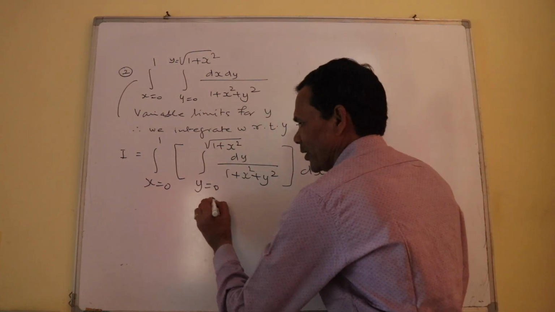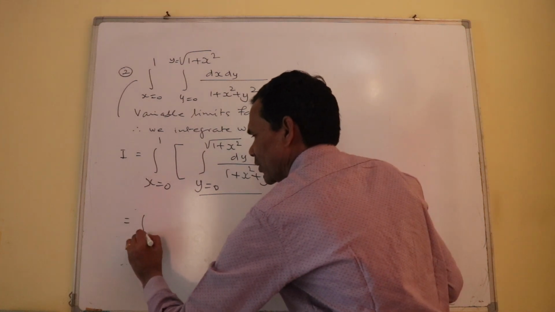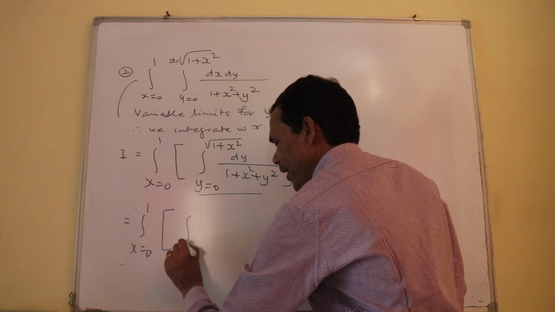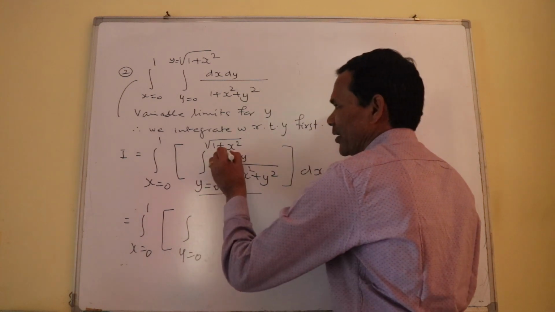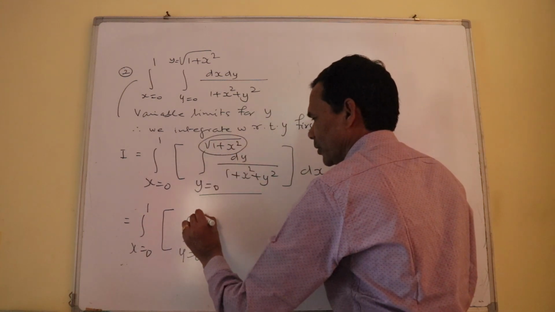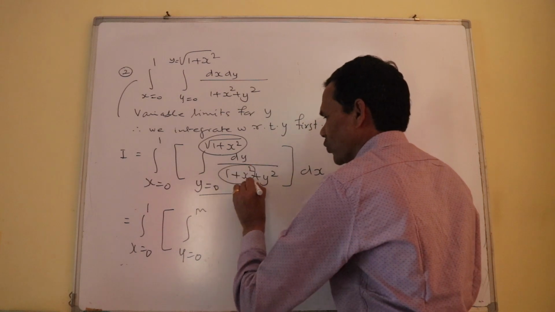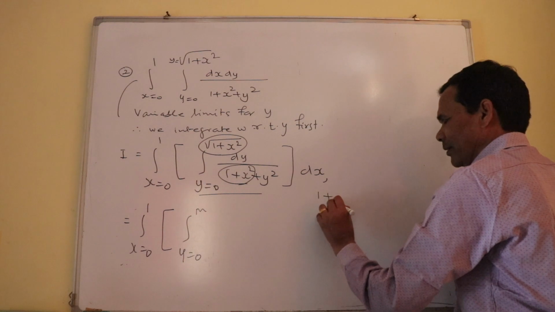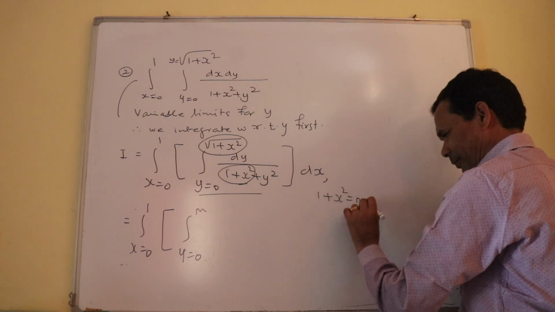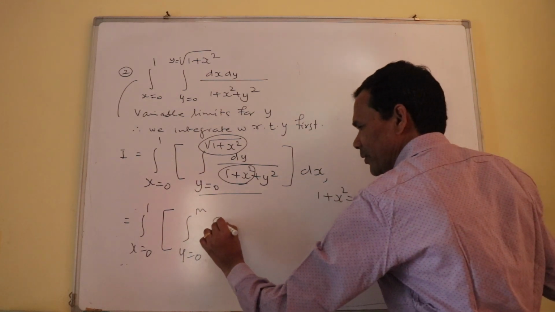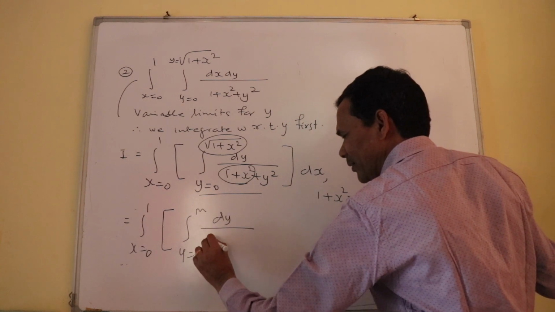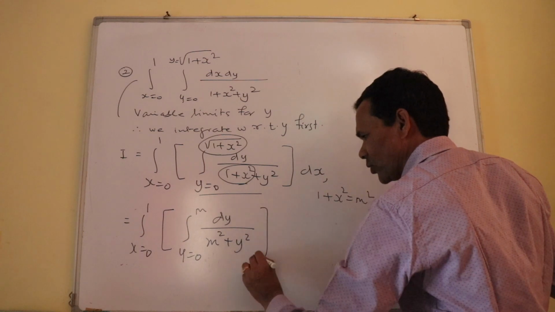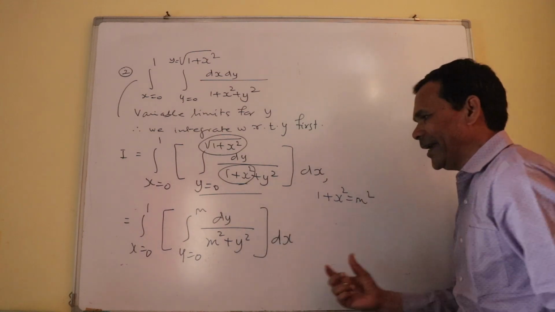Now x is constant while integrating this. So x from 0 to 1, y from 0 to, I consider this as m. 1 plus x square is constant, so I will consider this as say m square. So it is dy divided by, because x is constant, 1 plus x square is constant. So I integrate this.